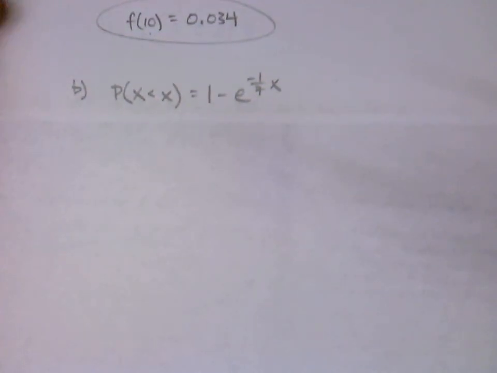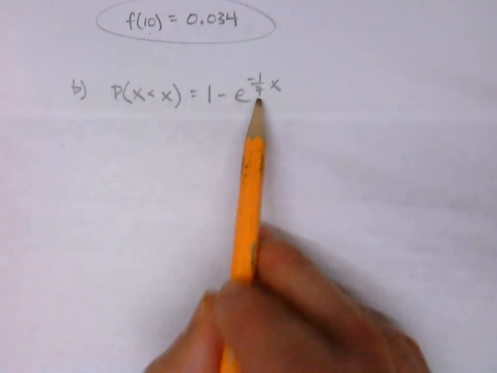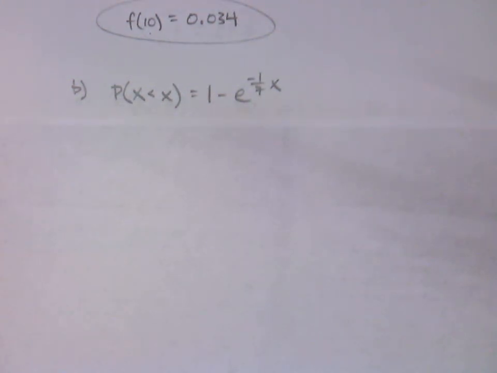So part B, it says, what percent of Americans take less than 10 minutes to fall asleep? Okay, now we get something useful. So we have the cumulative distribution function for the exponential. I've copied it right there, and I filled in our value of mu, 7 again. What percent of Americans take less than 10 minutes?